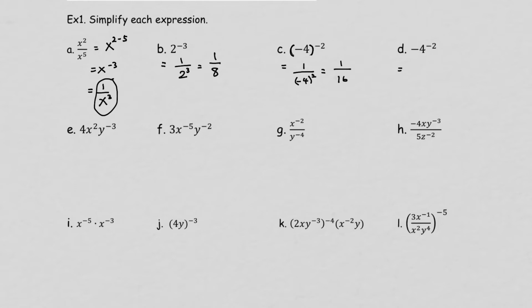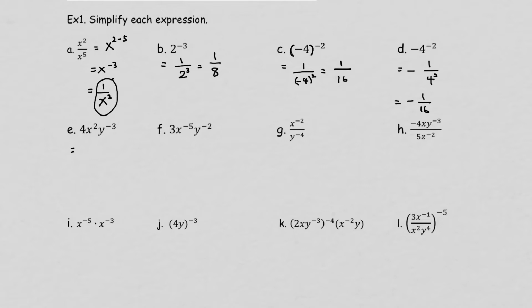Why? Because you don't have a parenthesis here, right? So this exponent only applies to the number, not the sign. So the sign will stay the same. Just the 4 will become the denominator and squared, which will give you negative 1 over 16.